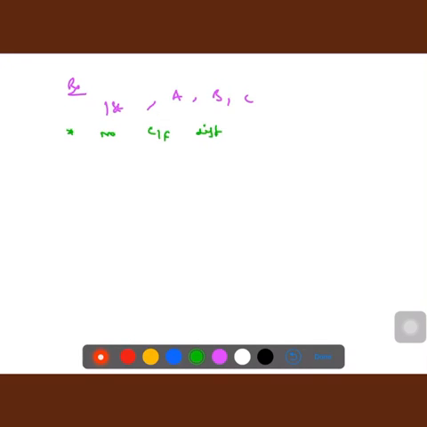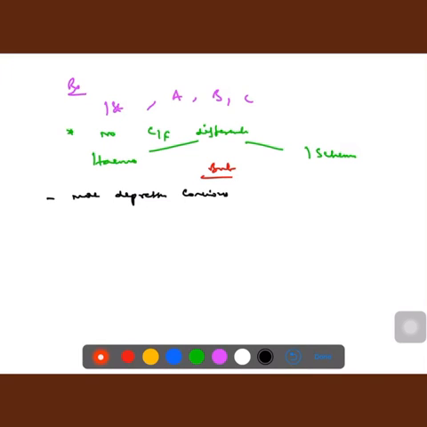Without CT, how can you differentiate hemorrhagic and ischemic stroke? In hemorrhagic stroke, at presentation, the consciousness level of the patient will be more depressed compared to ischemic stroke.